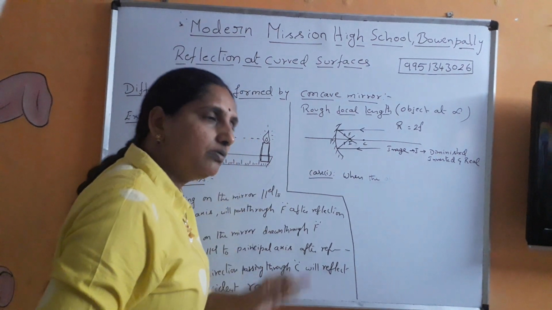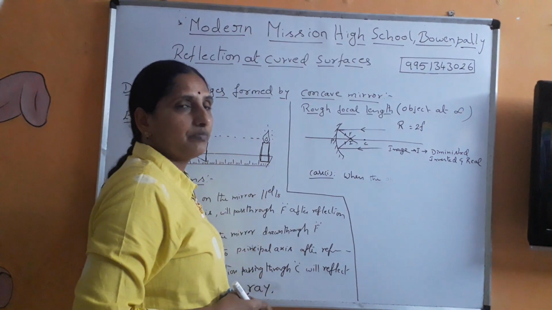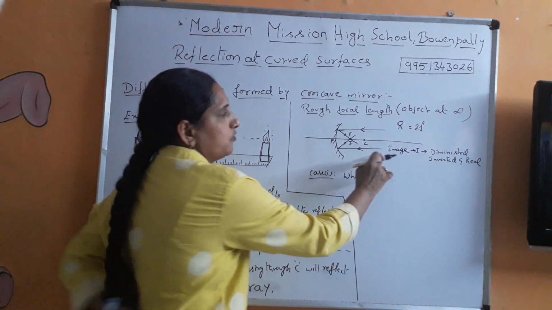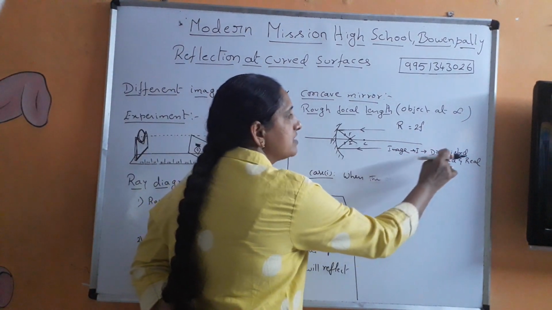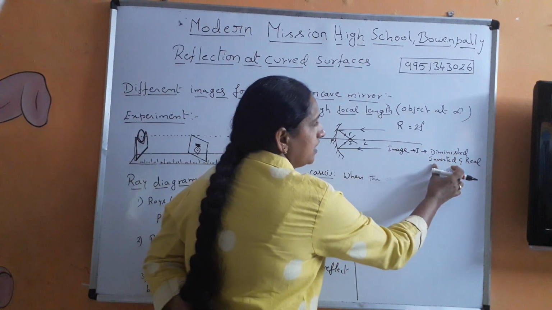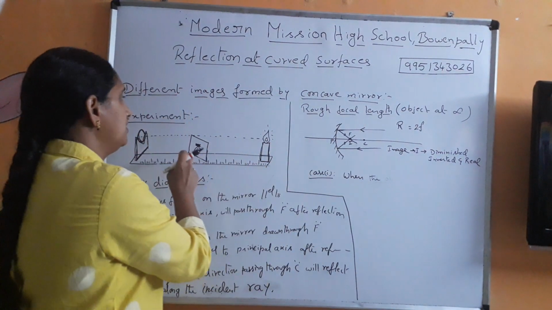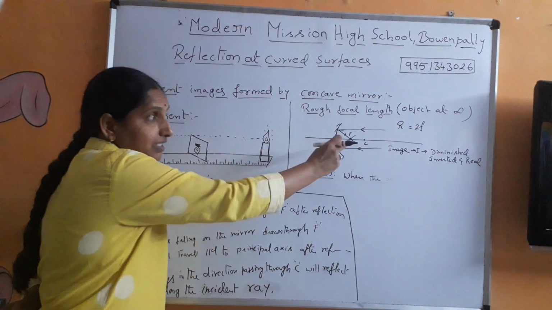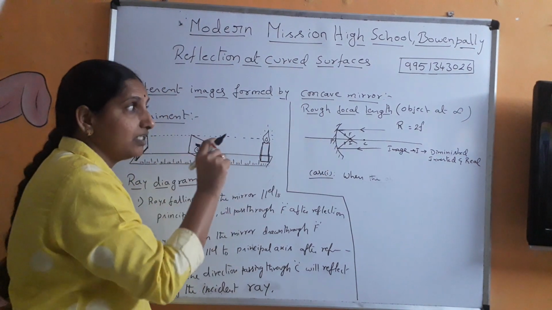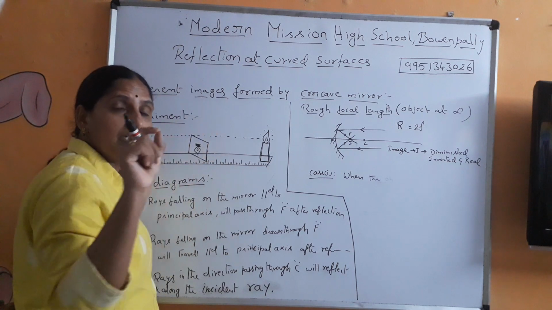What kind of image is formed? The image is diminished, inverted and real. You can see that it is inverted here. But in the case of sun rays, you can't see it inverted because you will see only a spot.